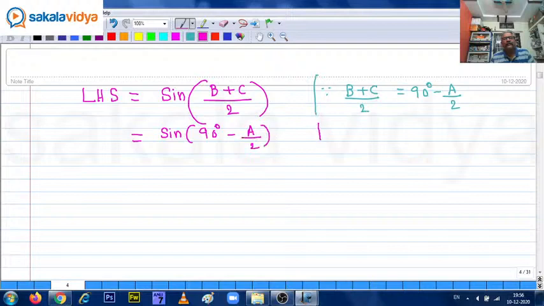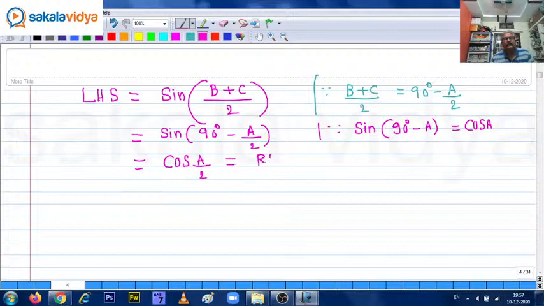We have one important formula: sine of 90 degrees minus any angle A gives cos A. So we get cos of A by 2. This is the RHS, right hand side. Hence it is proved.